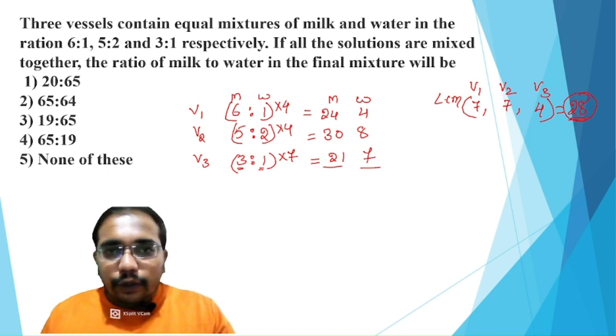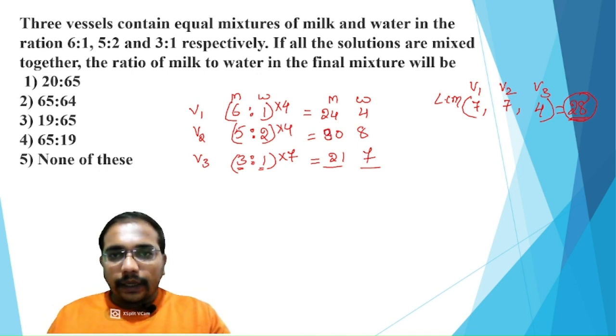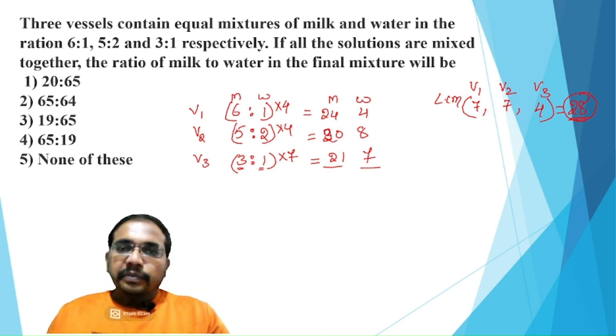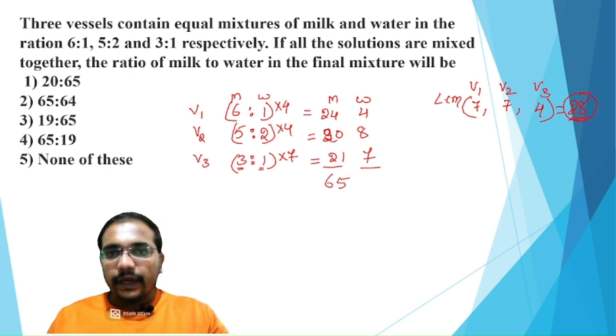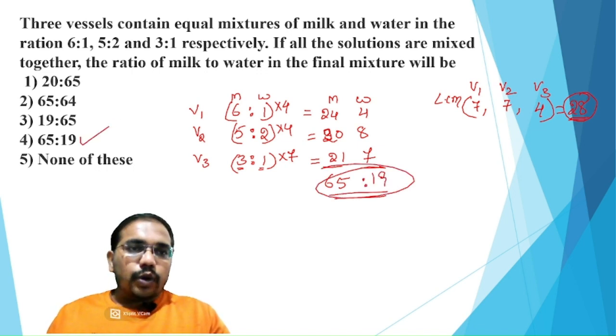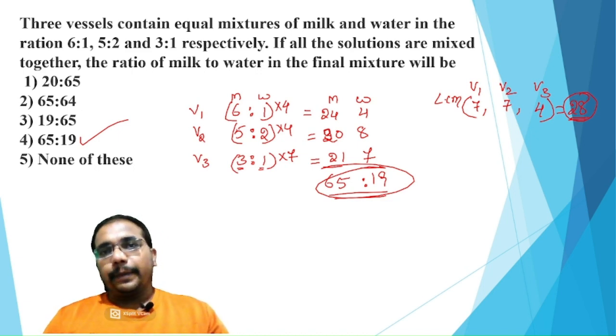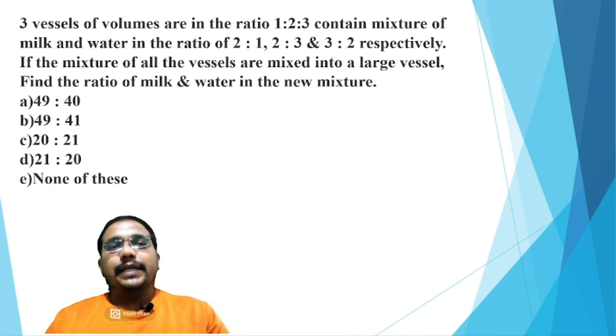Sorry, 5 4s are 20 we need to write. Sorry, I made a mistake. 20. 24, 20, 21. Total how much value? 65. 7 plus 8, 15 plus 4, 19. Ratio is how much value? 65:19. So the answer is 65:19. Clear? Right. Let's see the next question.